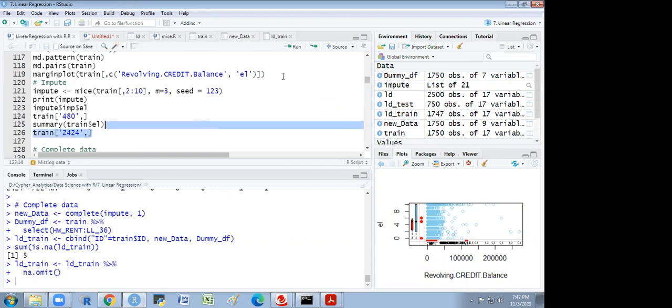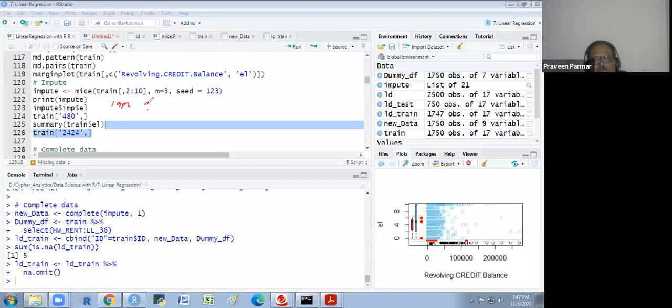Suppose you have data for 1992, 93, 94, 95, 96, 97, and up to 2020, and you have values here, but you have a missing value here. How do you fill it?